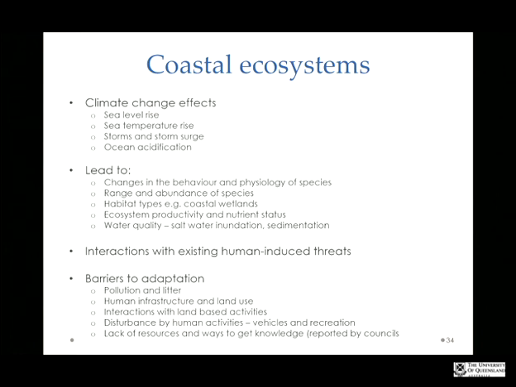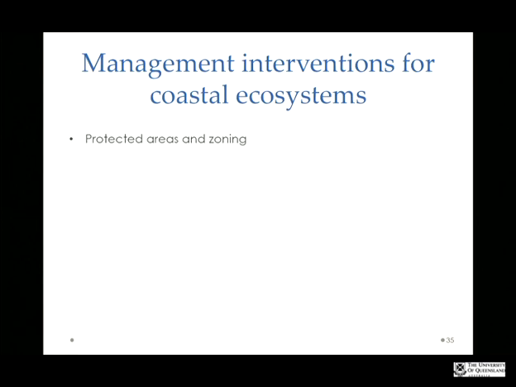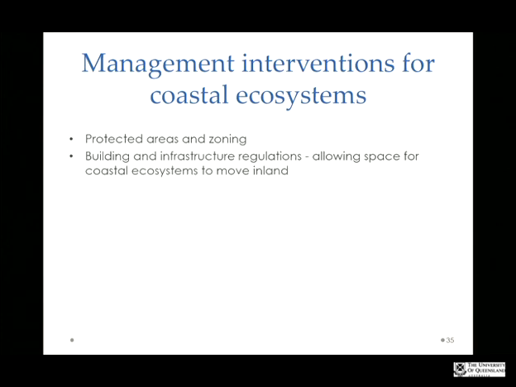We build hard infrastructure, so things can't shuffle around because there's a road or a seawall or something there. And then obviously what we do on the land affects what's in the coastal ecosystems. So again, things like protected areas are important, they're just not the only solution.